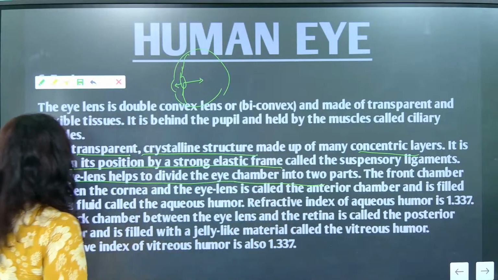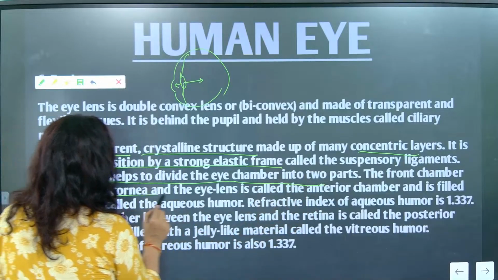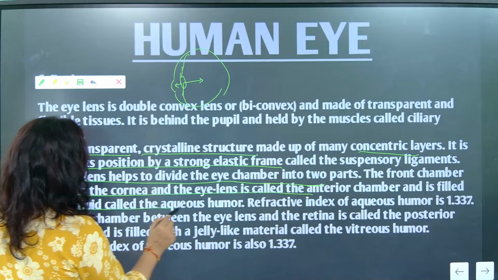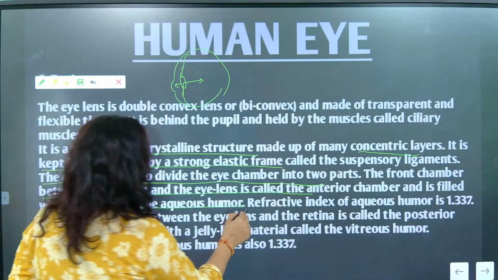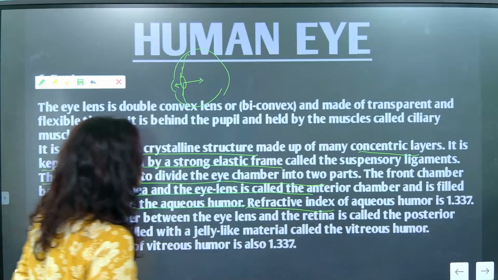The front chamber between the cornea and the eye lens is called the anterior chamber and it is filled with a fluid called aqueous humor. The refractive index of aqueous humor is the most important thing.